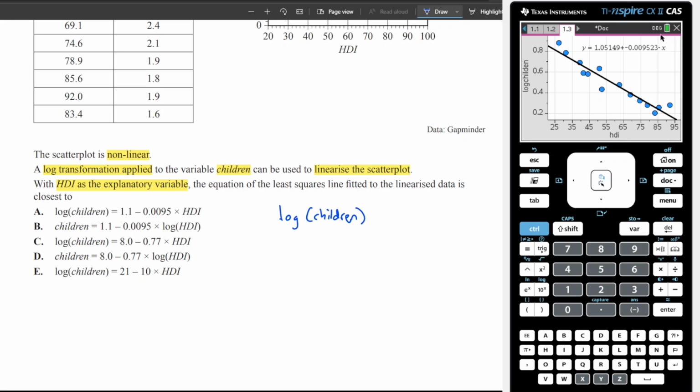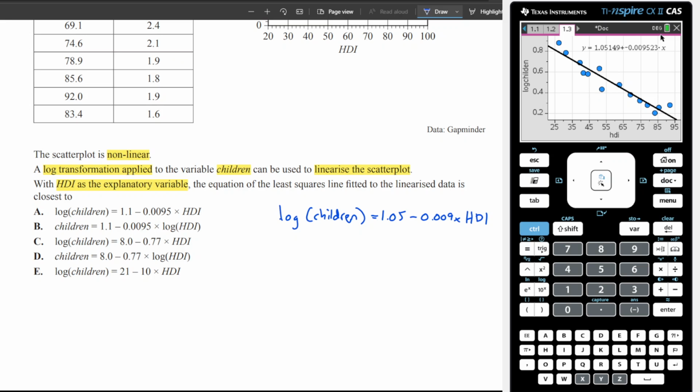That was our y value, which is equal to 1.05 minus 0.009 times x. And x was referring to HDI. So which of our equations that we've been given looks like that? Well, three of them start with log children.